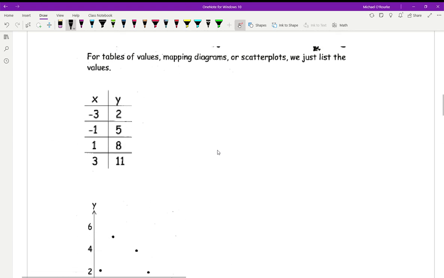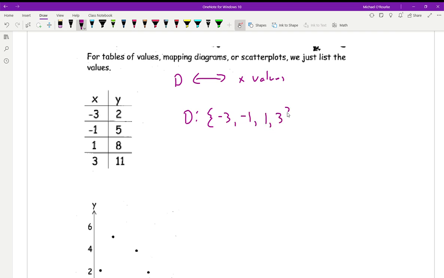Now, if we have points, remember domain referred to left and right, so those are x values. How we say that is, for our domain, it's going to be equal to, and we list the x values: -3, -1, 1, and 3.